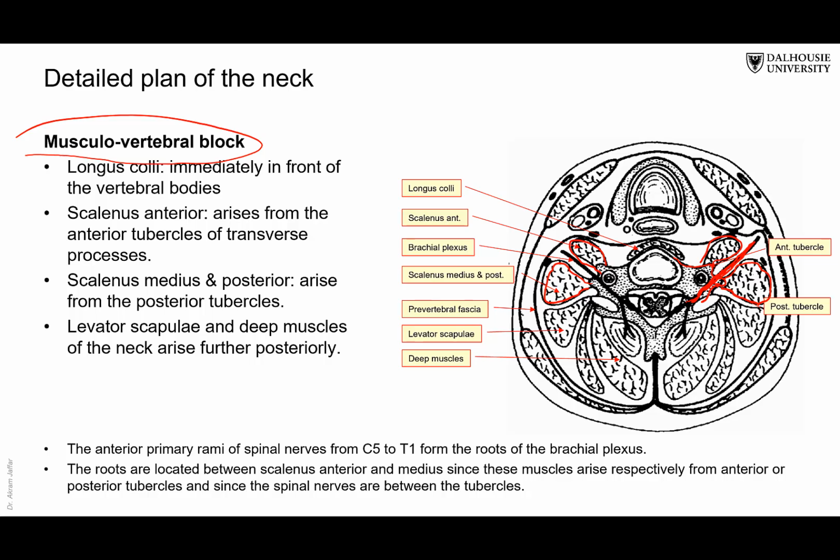Okay, and then you will find the trunks lateral to these muscles. And these muscles and the plexus are all surrounded by this layer of fascia, the prevertebral fascia.